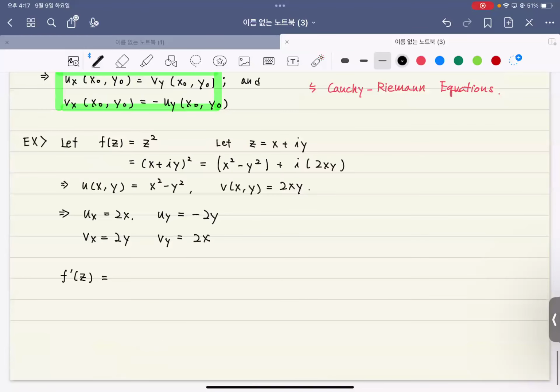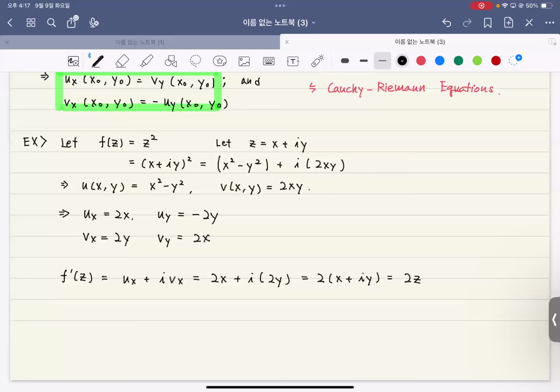Ux plus I times Vx, that is 2x plus I times 2 times y, right? And simplifying this, I have 2 times x plus iy. But you know what? x plus iy is just z, so this is just 2 times z.